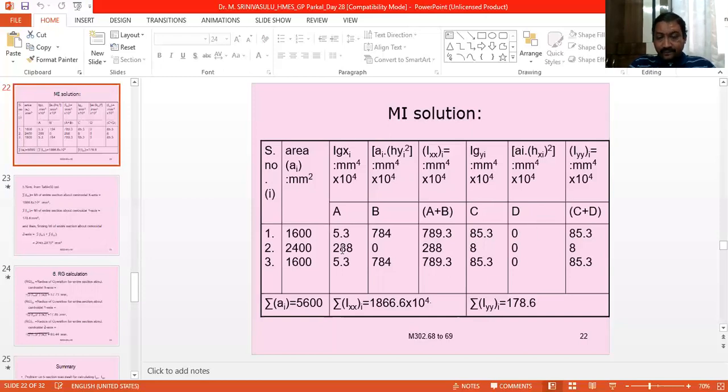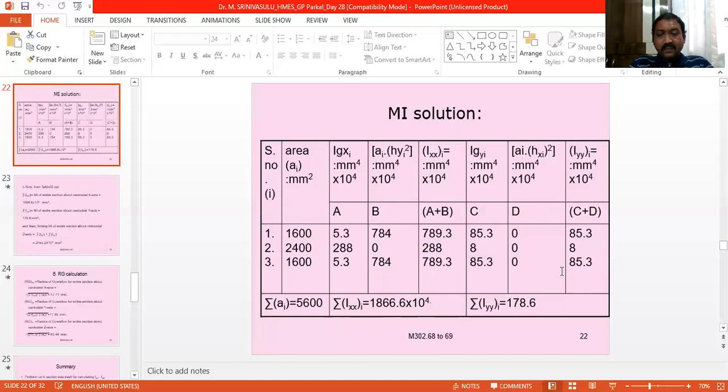Now here the total area, we know this value, and the moment of inertia of the total section is equal to Ix of figure 1, Ix of figure 2 and Ix of figure 3. If we add all these, this is the total moment of inertia of the given composite section about the x-axis, which is passing through its centroid.